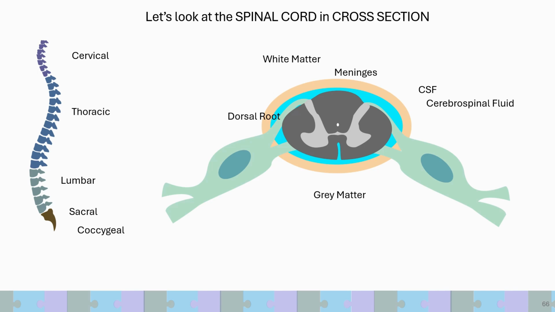Coming off of the spinal cord, you can see the start of some nerves or some neurons. And one comes off the back portion, and I've referred to it as the dorsal root because the term dorsal means to be towards the back. And there's a portion that comes off of the front, and that is called the ventral root because ventral means to be towards the front.